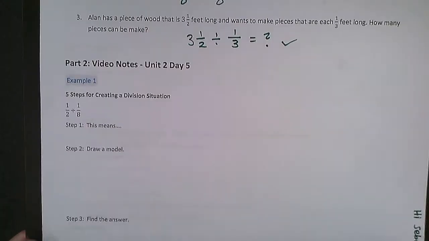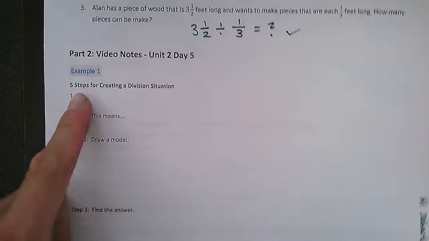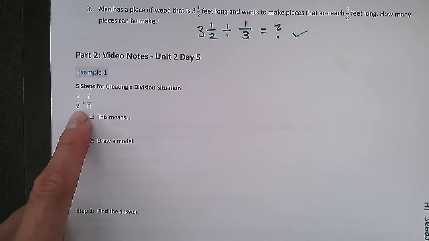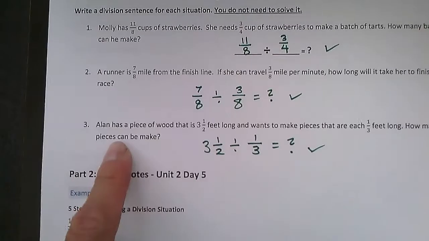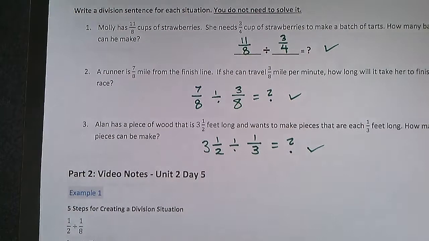So now let's move on to part 2. And here, we're going to go through the 5 steps for when we have a division equation and we actually want to create our own situation. So these are examples here of when you have a situation and then you write an equation. Now we're going to do the reverse.